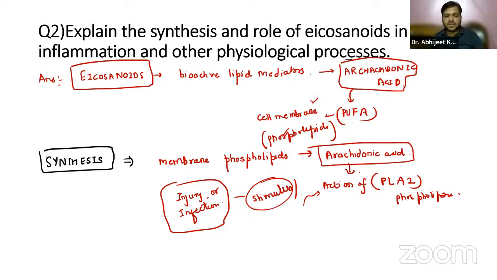So this arachidonic acid is released by the action of the enzyme phospholipase A2. Now, arachidonic acid can be metabolized by various pathways. One of the pathways that you will be studying in physiology, guys, is called the COX pathway.